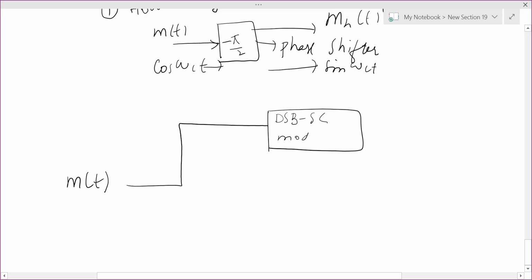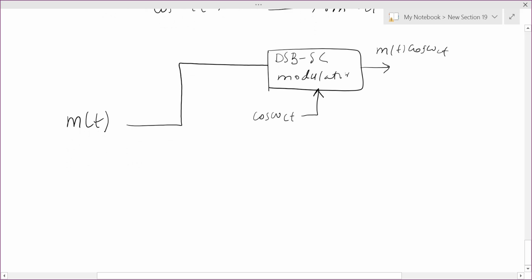You need to feed in the cos omega ct signal here, right? You will get m of t cos omega ct. Now this was the one part. So now you need mh of t. To get mh of t, you will put here a phase shifter.